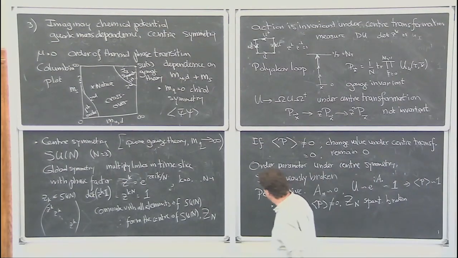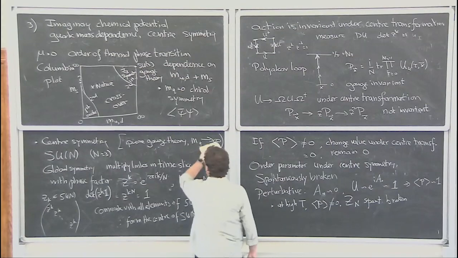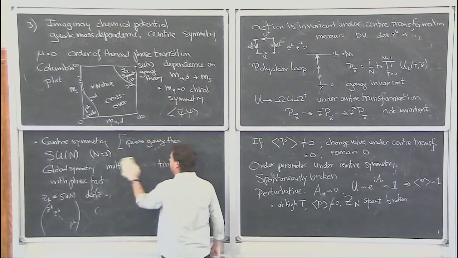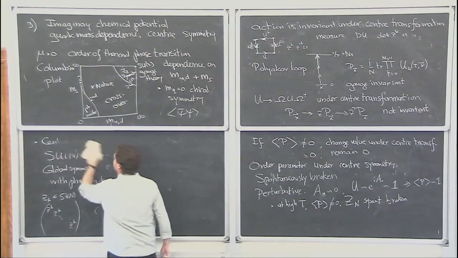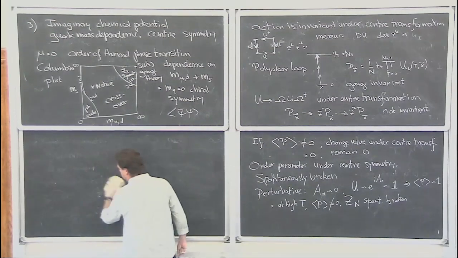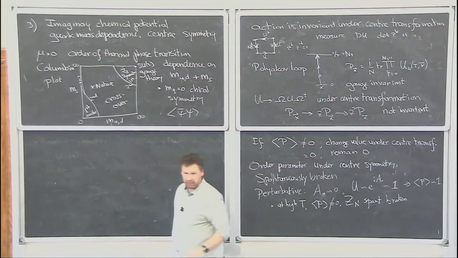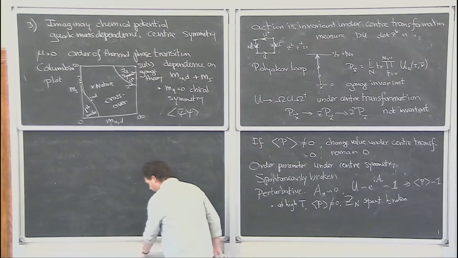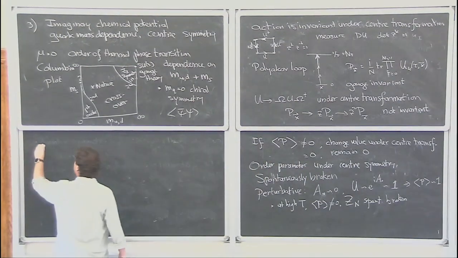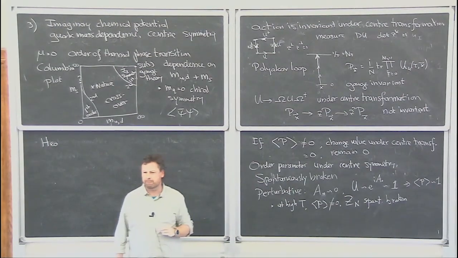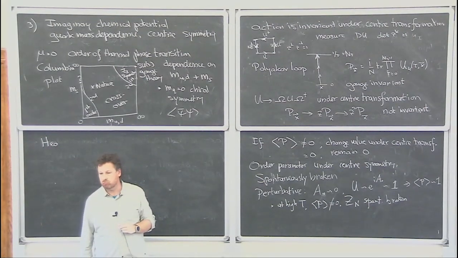Now, this relation with perturbative QCD or perturbative pure gauge theories can be made a bit more precise by linking the Polyakov loop to essentially a heavy quark. You said that the center transformation is an SU(N) transformation.